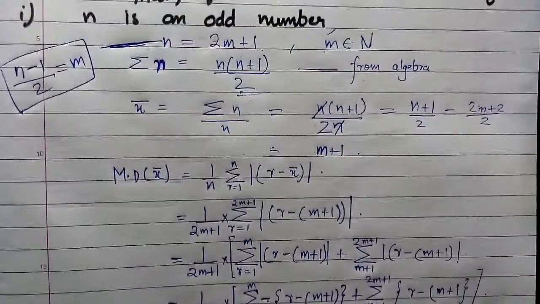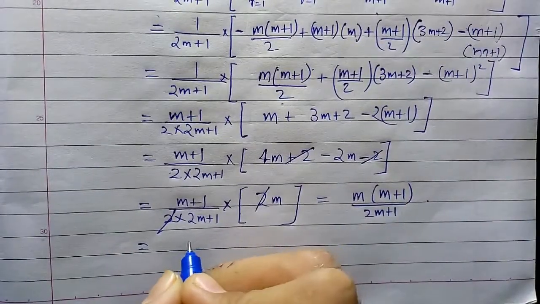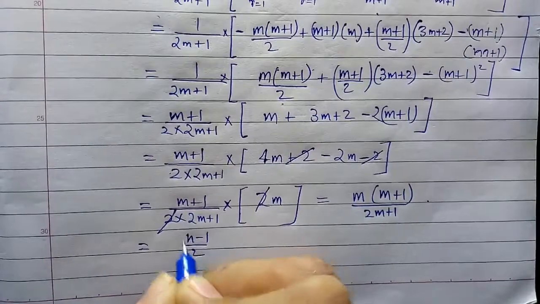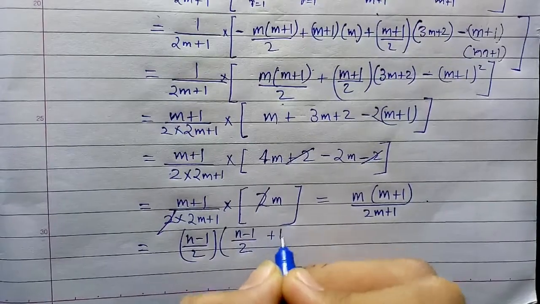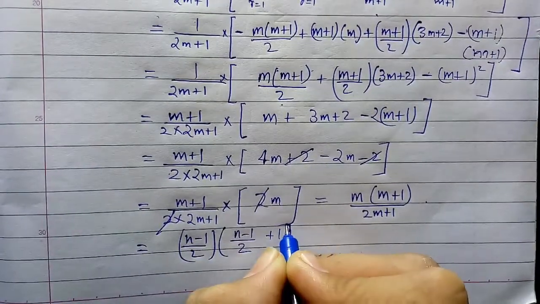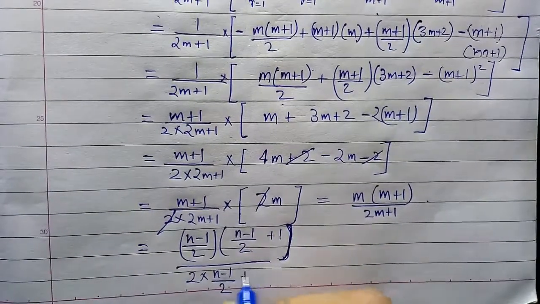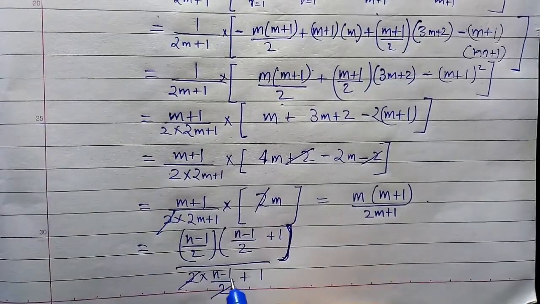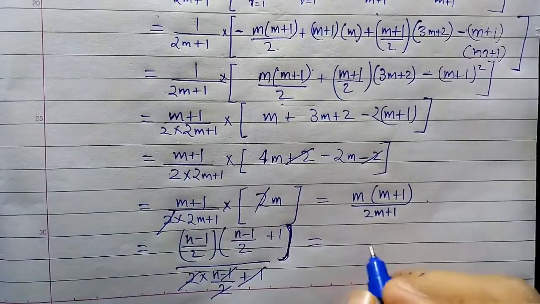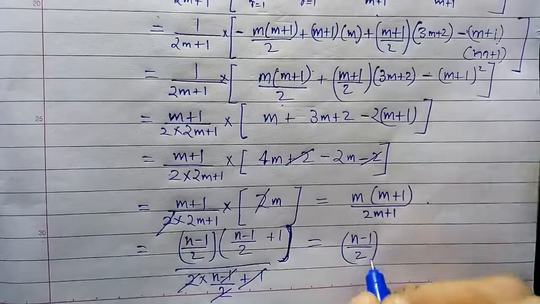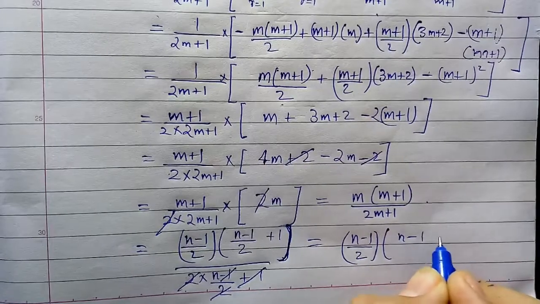Okay, let's move on to our final answer. n minus 1 by 2 is n minus 1 by 2 plus 1, putting the small braces, 2 into n minus 1 by 2 plus 1. Yeah, as 2 gets cancelled, we can cancel this also. What we are left with is n minus 1 by 2 and n minus 1 plus 2 by 2.